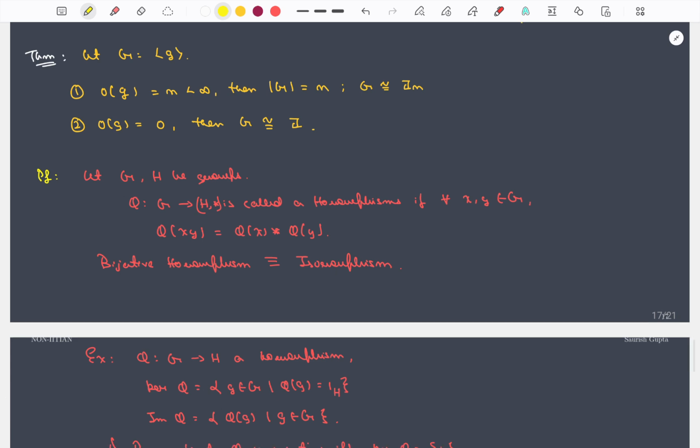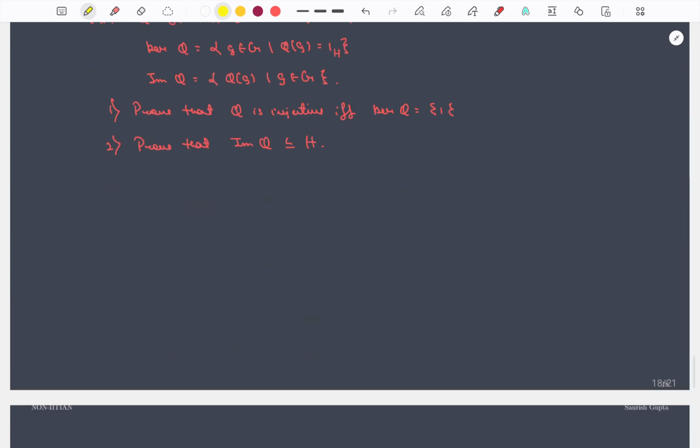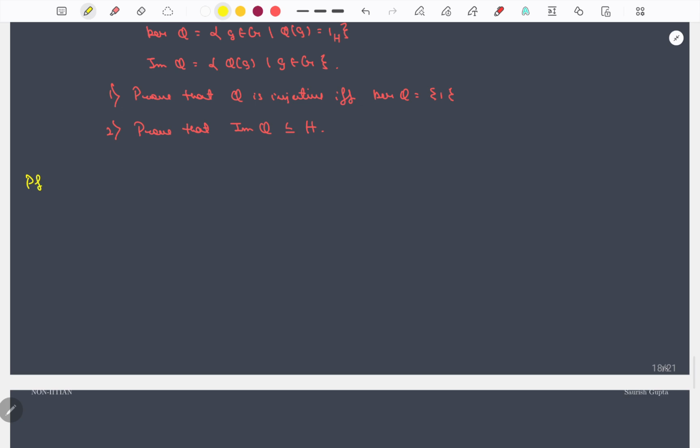Now let us talk about the proof of the proposition. Number one: what is the group G in this case if the order of G is finite? It's 1, g, g squared, and so on till g to the power n minus 1.